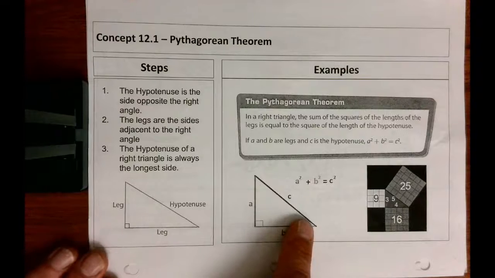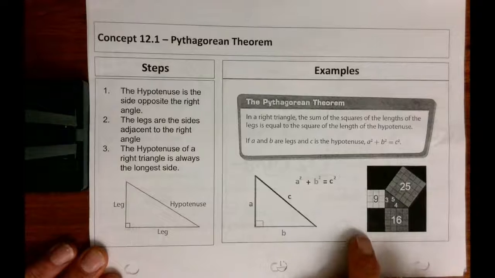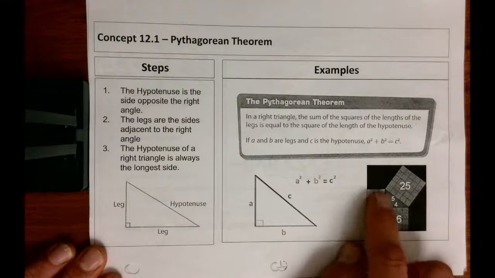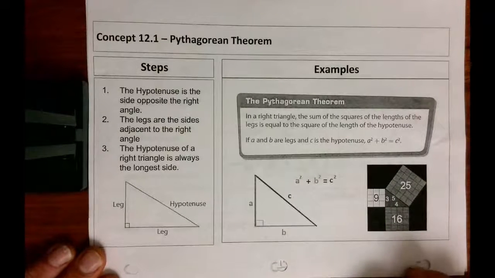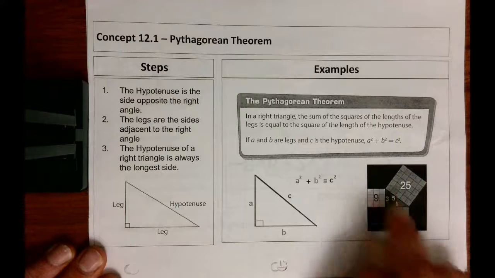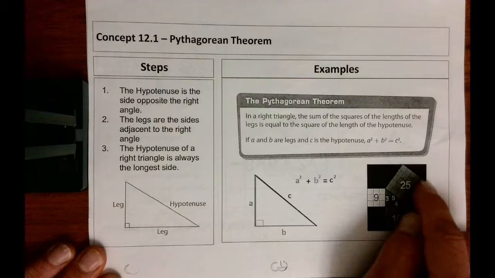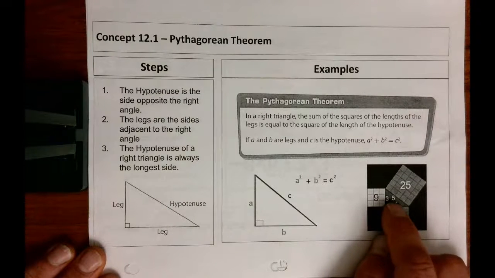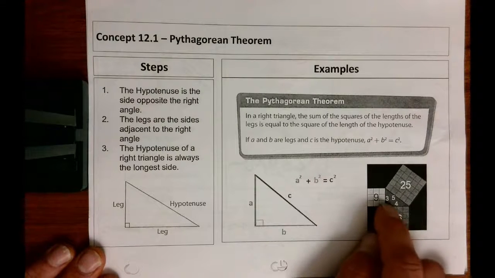Okay, so this is a great resource for you. And we can see there's a nice example over here. It shows us that if we have a triangle inside of these three squares, a 3 by 3 and a 4 by 4 and a 5 by 5, we have a 3, 4, 5 triangle, and 3 squared equals 9, and 4 squared equals 16, and 5 squared equals 25.